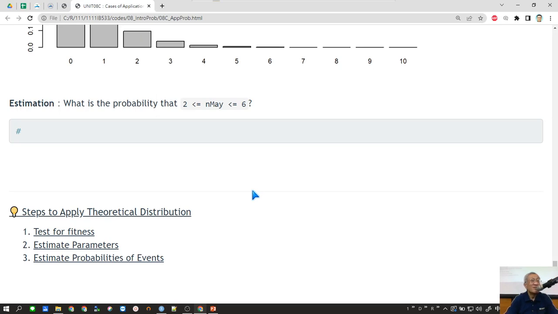So the way that we apply business empirical data to theoretical distribution, and then we use the P function, D function, Q function to help us do the estimation. So this is the step, right?